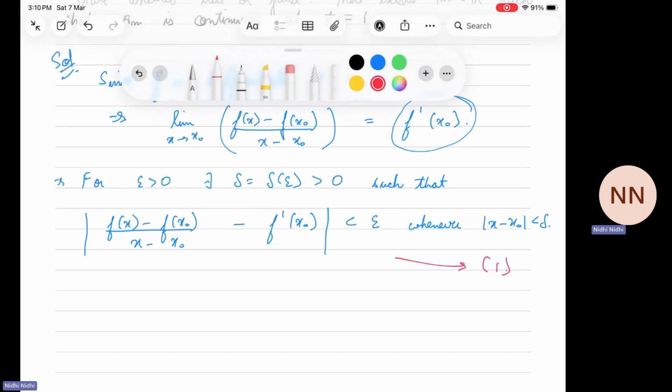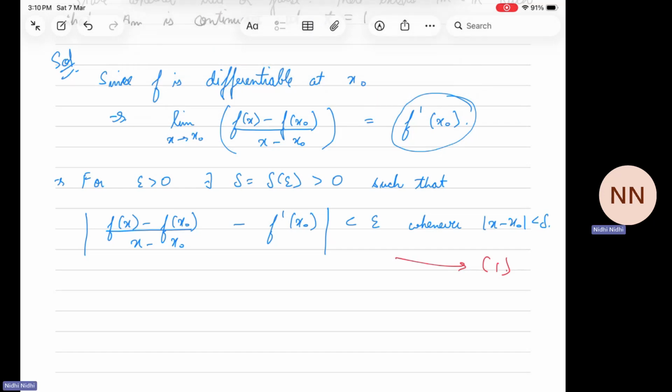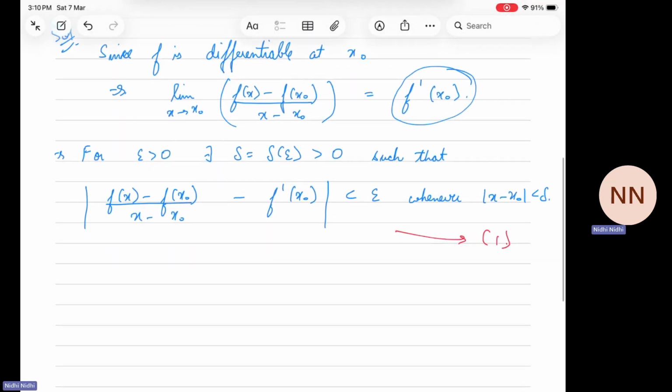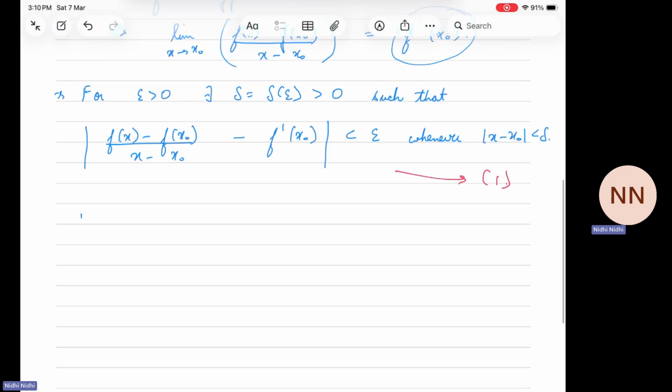We need to see the continuity of the function A_m. So for A_m at point t, that means we need mod of A_m(t) minus some L to be less than epsilon whenever mod t minus 1 is less than delta dash, something like this.